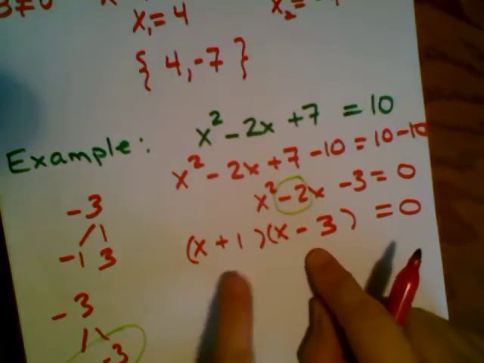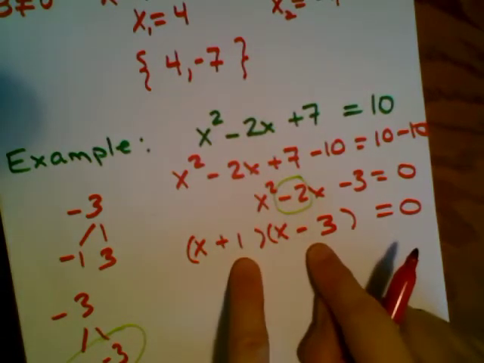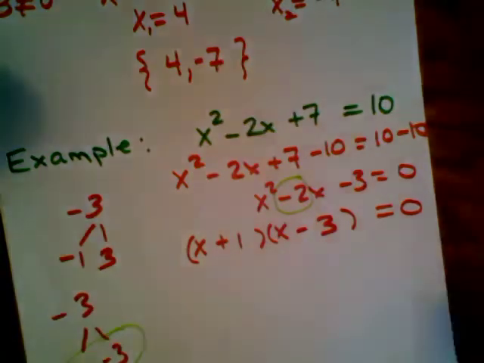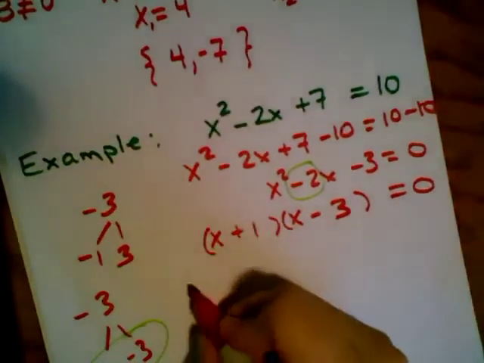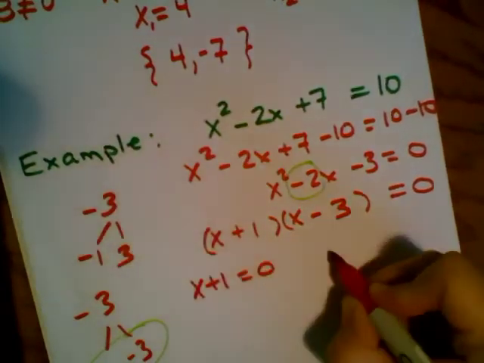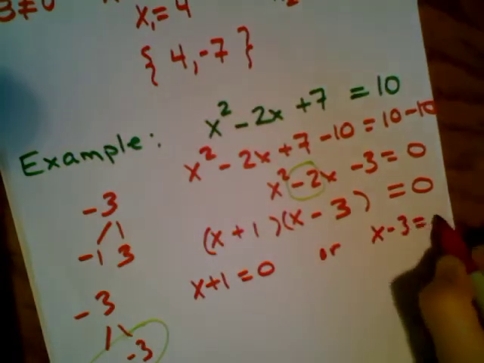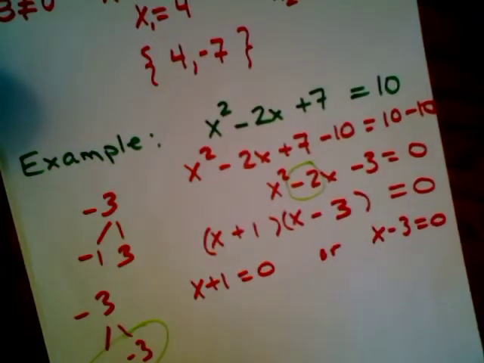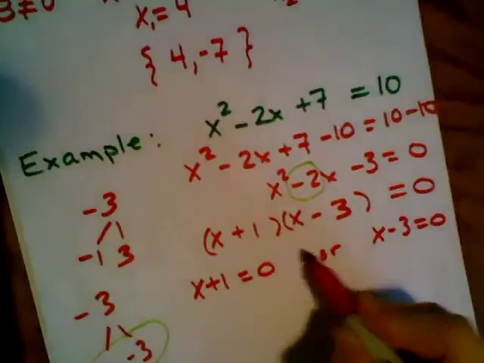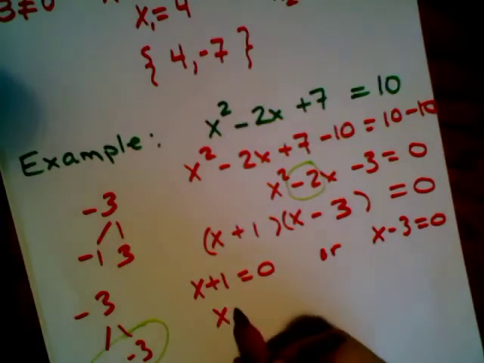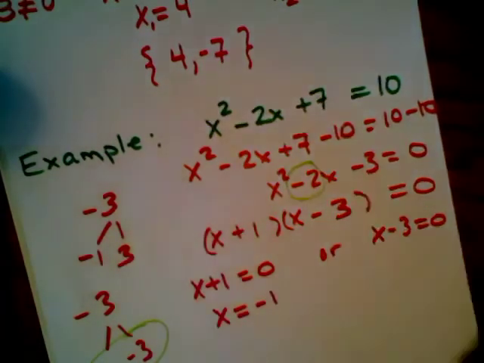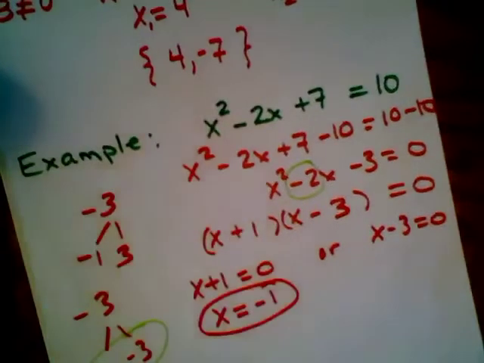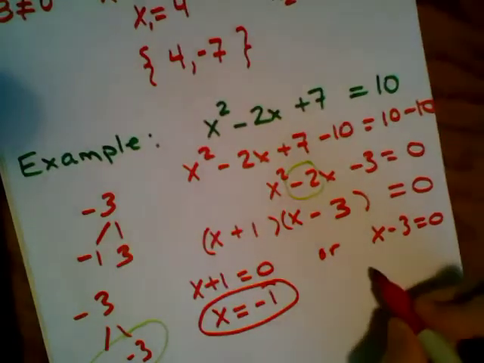Now, if 1 and negative 3 are the second terms of my binomials, and I use the zero product property, then either x plus 1 is 0 or x minus 3 is 0. Now I solve each linear equation. For the first equation, I'll subtract 1 from both sides. When x is isolated, I have a solution.